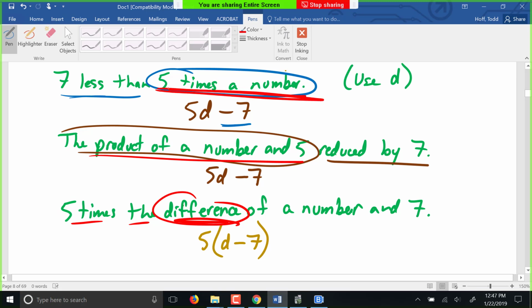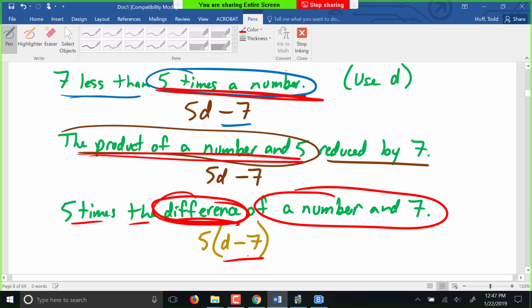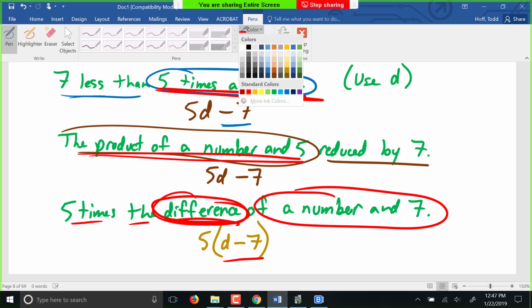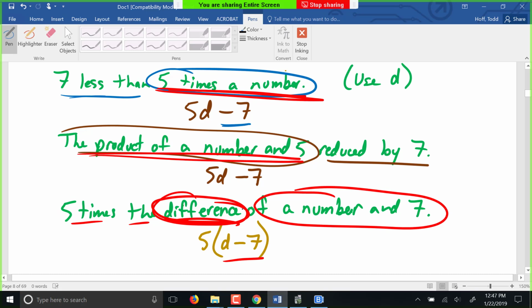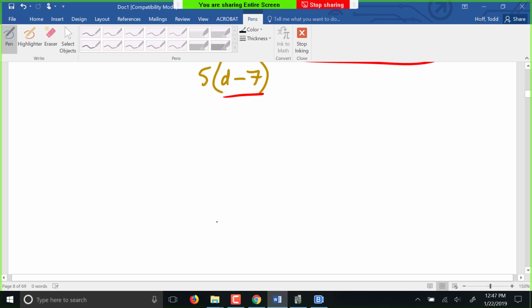In both of these first ones, it's the number that's being multiplied by 5. Down here, it's the difference, 5 times the difference that's being multiplied. So that means we have to do that difference of the number and 7, d minus 7, first, and then multiply it by 5. So those things come up all the time, and they can be tricky.